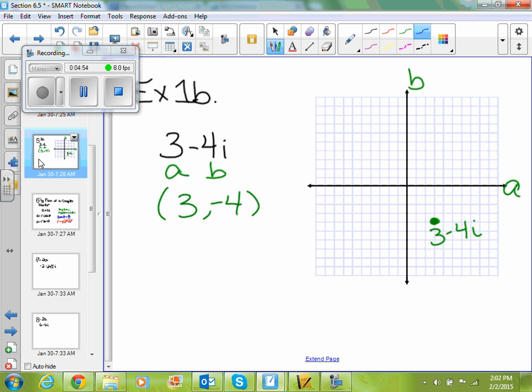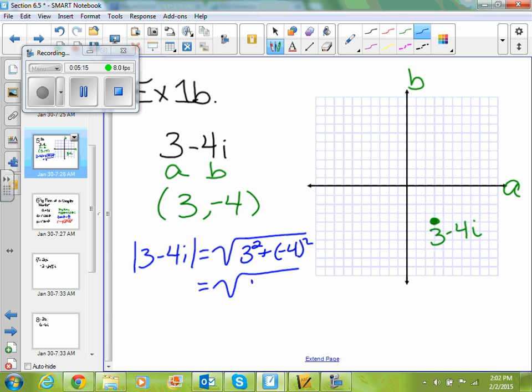Okay, if I want to find the absolute value of 3 minus 4i, the absolute value tells me to take the square root of my a squared plus b squared. And I know that a squared would be 3 squared. B squared would be negative 4 squared. Three squared is 9.